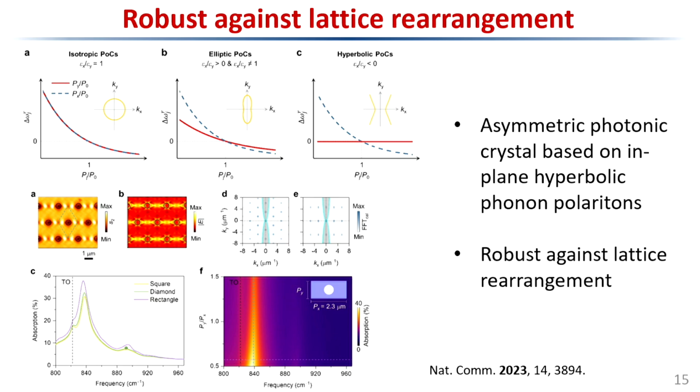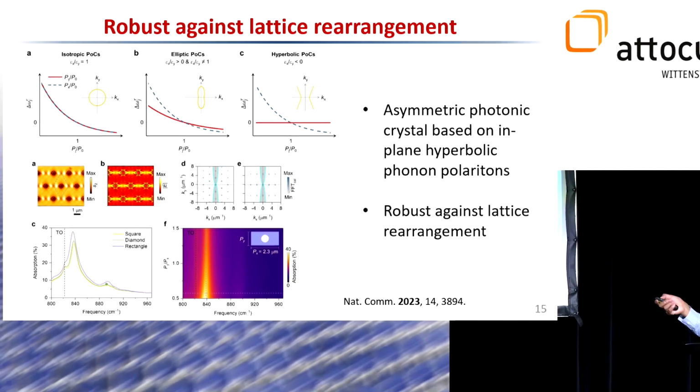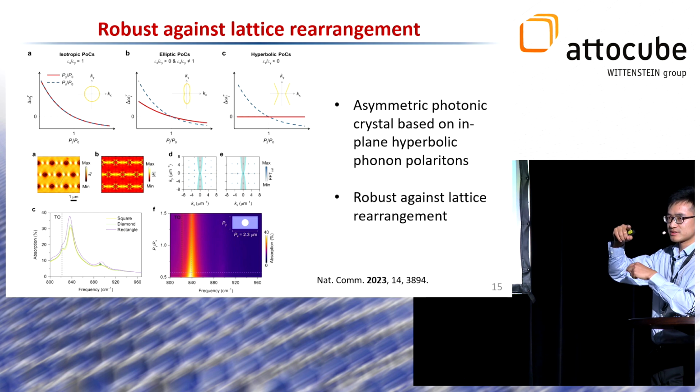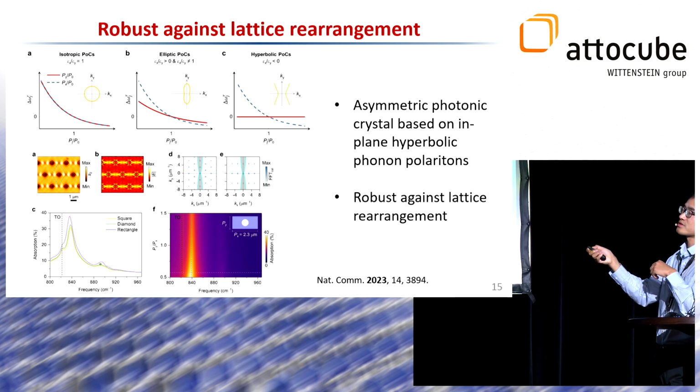This figure shows the resonance peak shift when you change the period of the photonic crystal. For an isotropic material, the resonance peak will definitely change with the period variation, right? But for our hyperbolic one, if you change the period along the hyperbolic forbidden direction, that's the [001] direction of MoO3, you see the resonance did not shift. It remains a constant.